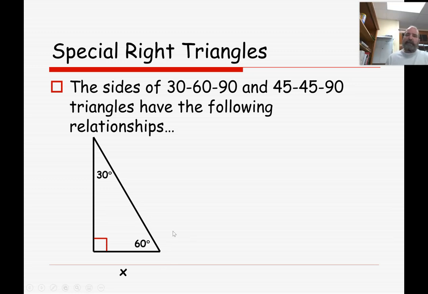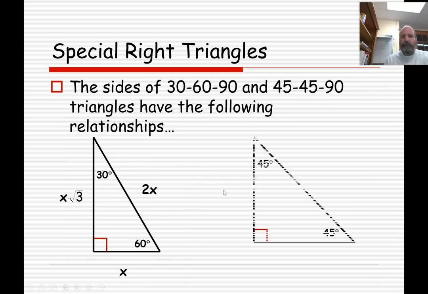But the short side is always x. This side is always x times square root of 3. And the hypotenuse is always double the short side, or 2x. Okay, so draw that picture and write that down.